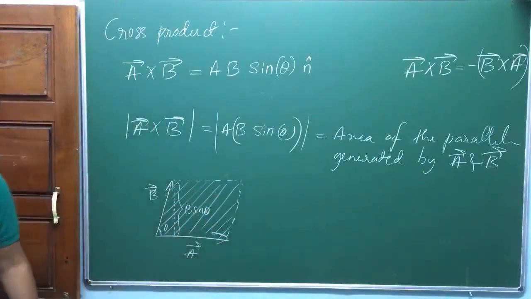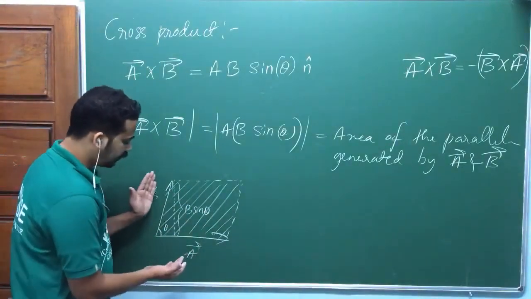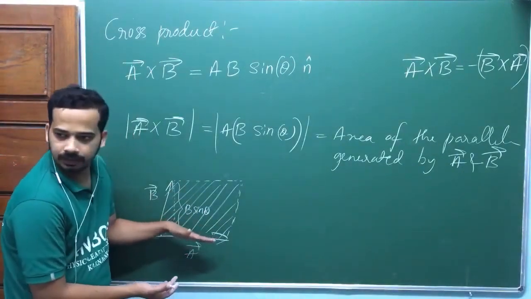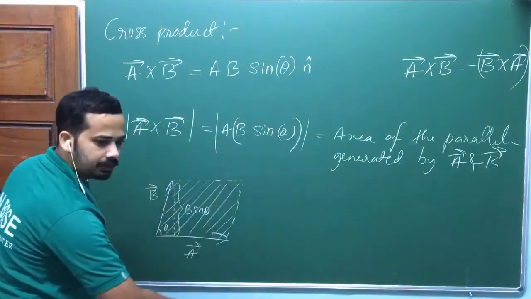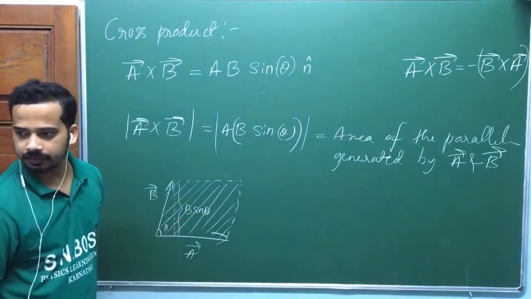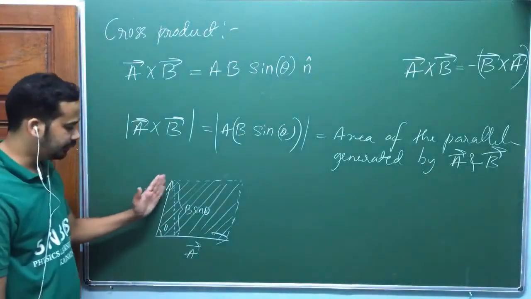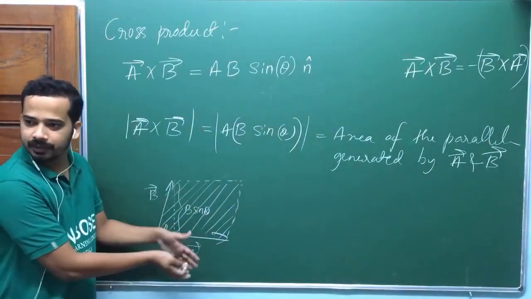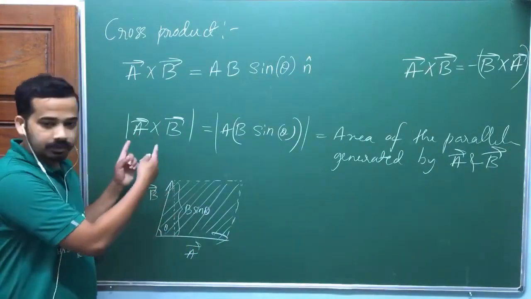Is that okay? Now look here. This itself says, if B coincides with A, or if B is opposite to A, then what will happen? This area will become 0, isn't it? That means the cross product vanishes. Magnitude is 0. If theta equals 0, then area will become 0. No, magnitude, I am talking about magnitude.